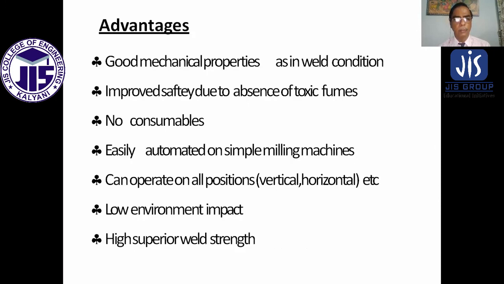Advantages: good mechanical properties in the as-weld condition, improved safety due to absence of toxic fumes, no consumables, easily automated on simple milling machines, can operate in all positions, vertical, horizontal, etc. Low environmental impact, superior weld strength.